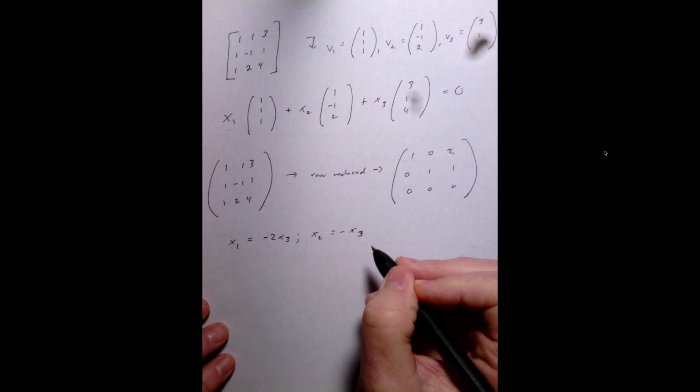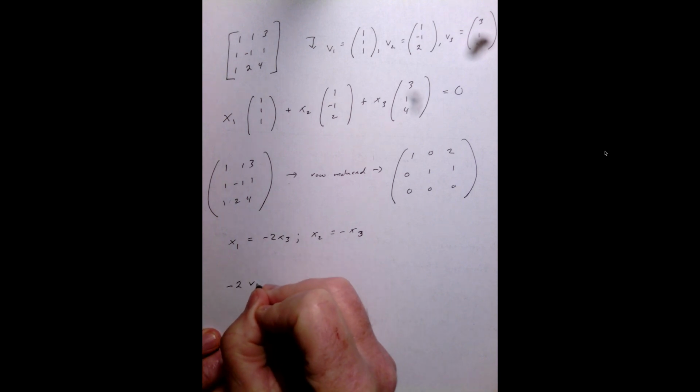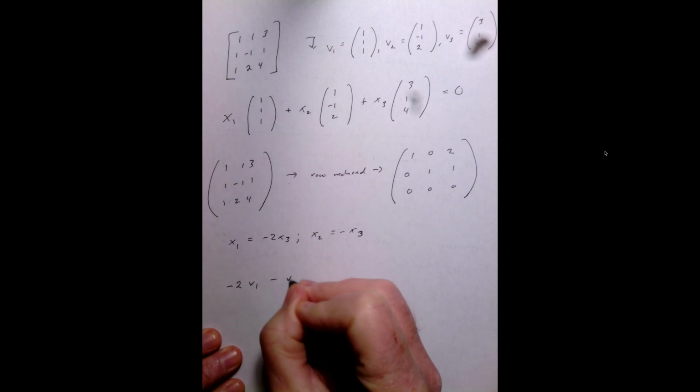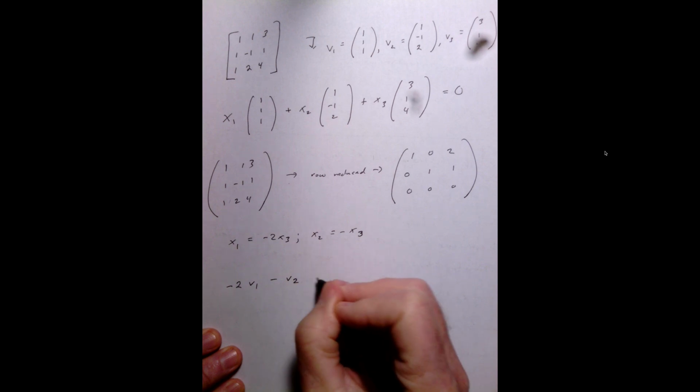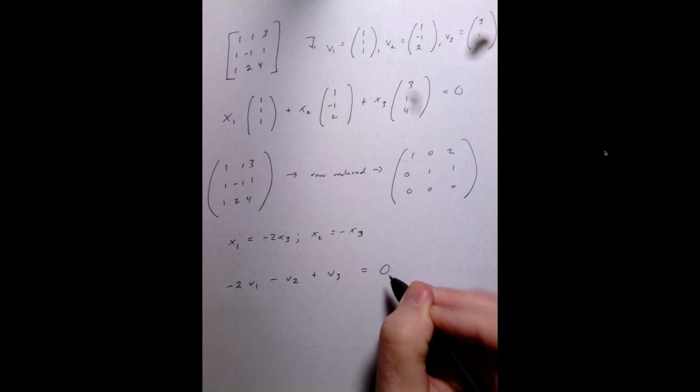So a non-trivial solution does exist. In other words, negative 2 vector 1 minus vector 2 plus vector 3 would be equal to 0.